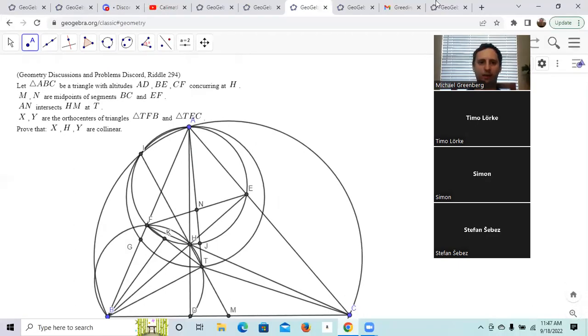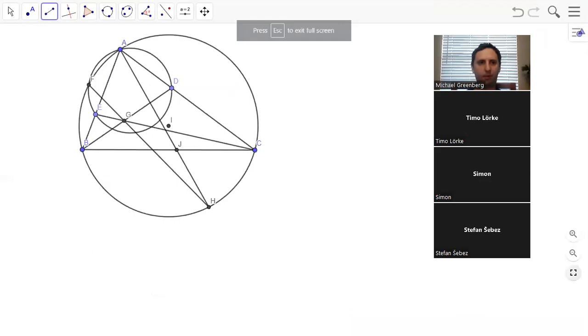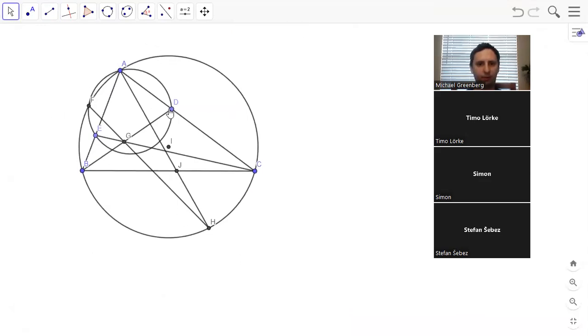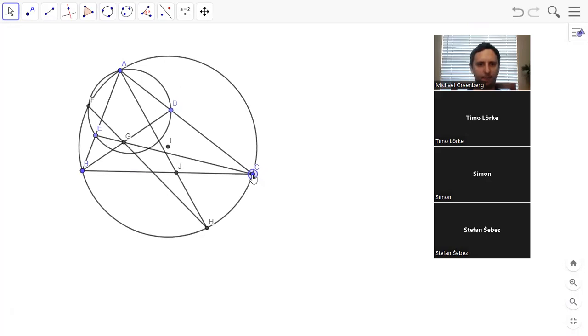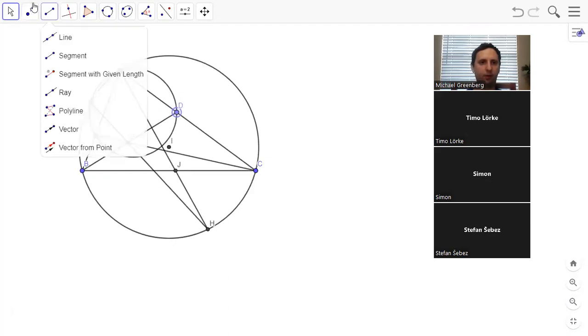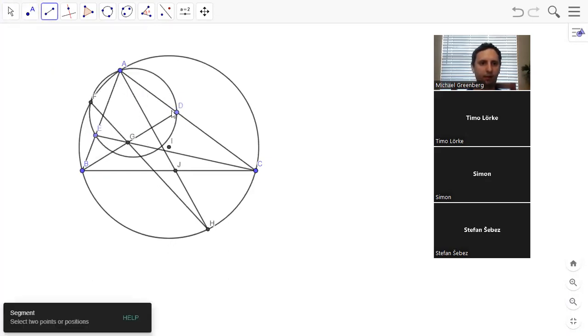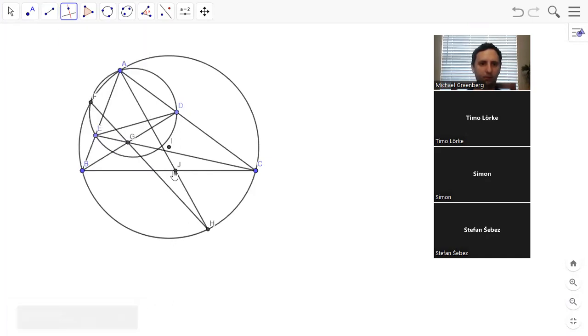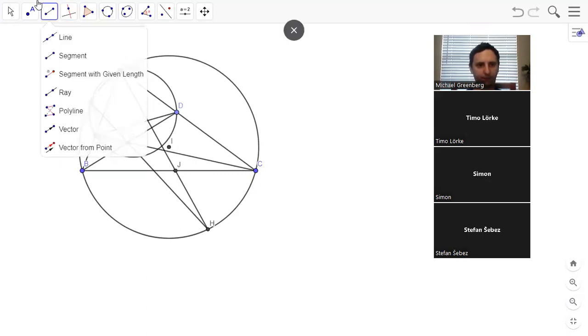So yeah, let's see. It's this problem, and we want to show IJ is perpendicular to DE. D and E can be wherever they want. I don't know if we stated the problem with these exact same letters, but you want to show that IJ is perpendicular to DE.